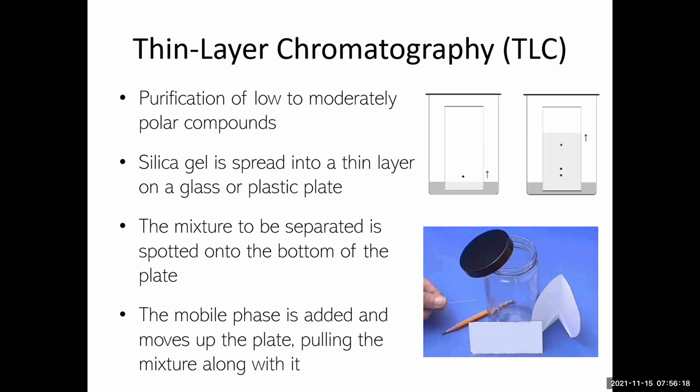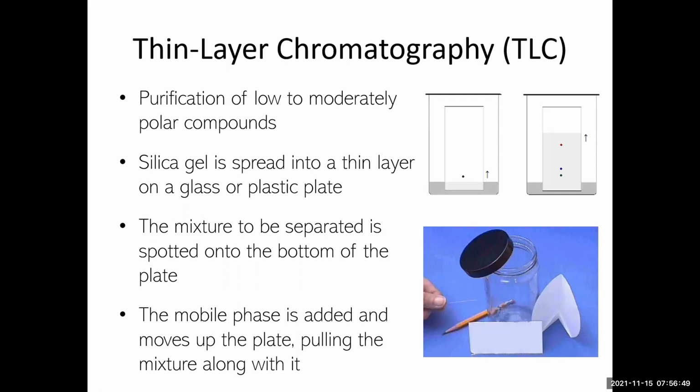And then we will use a developing chamber in order to develop the plate. And inside the developing chamber, we'll put the solvent or eluent. We will put it in the bottom of the plate. And again, it will move up the TLC plate through capillary action, moving the components hopefully right along with it. This is actually a piece of filter paper that you might use commonly with like a Buchner funnel.